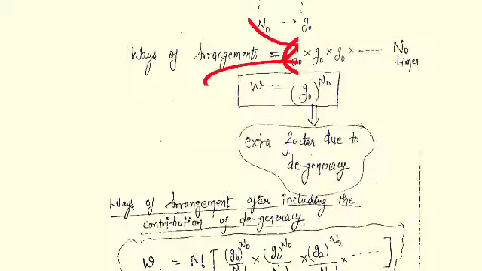But when we introduce the concept of degeneracy, we get to know that there are several more ways of arranging those particles, and when we studied all those arrangements, the ultimate formula is W equals G0 raised to the power N0. Hope you are clear with this concept.